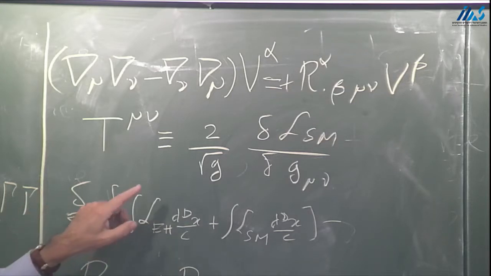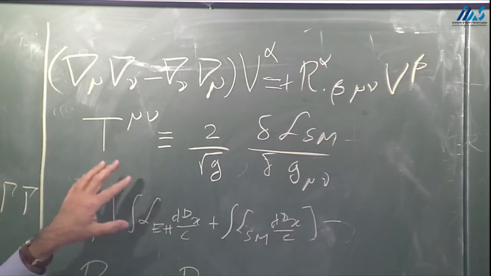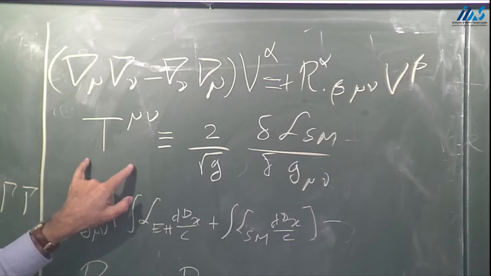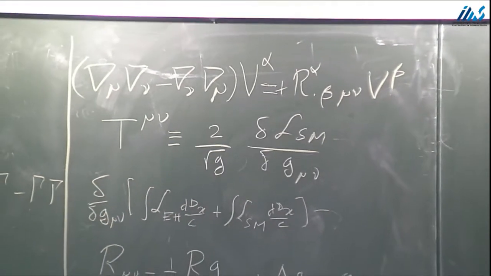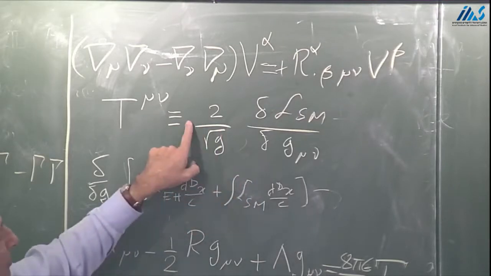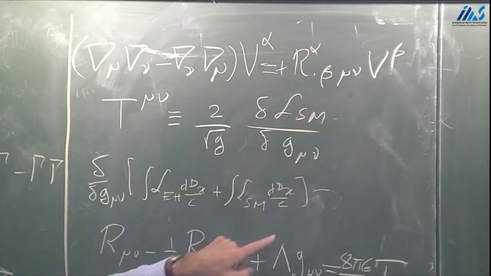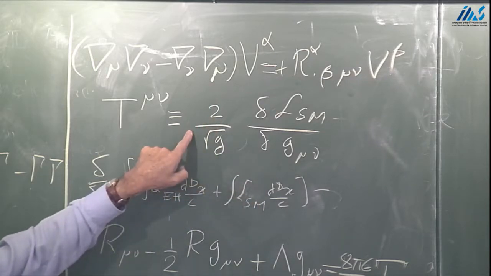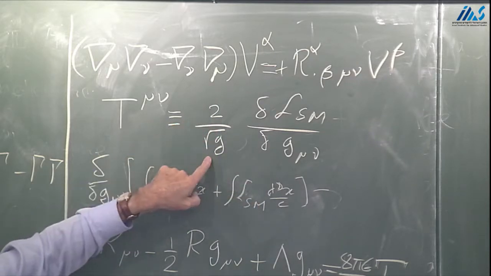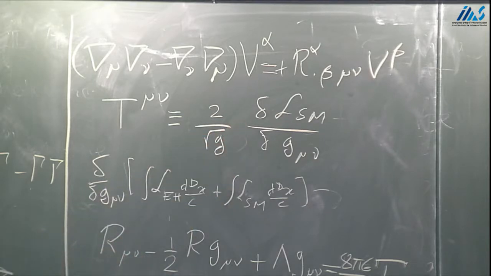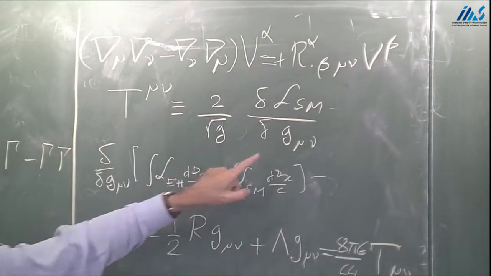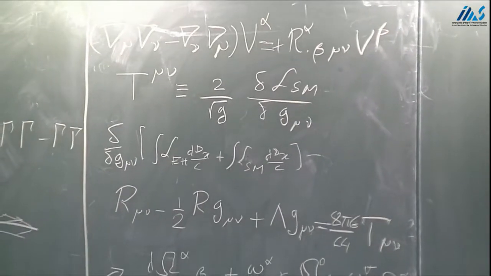I remind you also that the general definition in general relativity of the stress energy tensor of the matter is like Jacob wrote down, except that Jacob was using a minus sign and the inverse metric, but you can just put the metric down and then you have a plus sign. There is a factor 2, there is the square root of the determinant of G, and this is the functional derivative of the Lagrangian with respect to G mu nu.